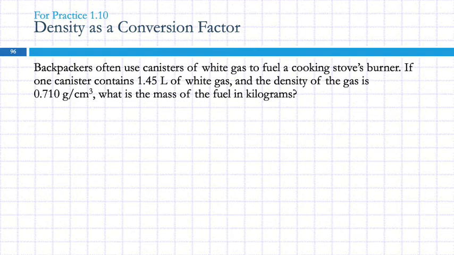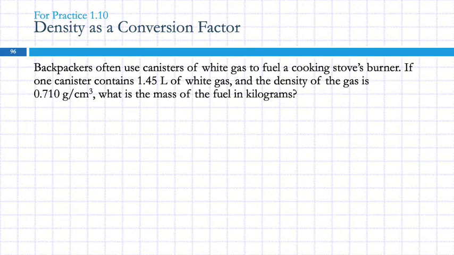Okay, I think this will be the last one. So this, as the title suggests, density as a conversion factor. Most students have been taught D equals M over V, and you have a variety of little triangle things for rearranging it, and well, what if you need V, how do you find that.